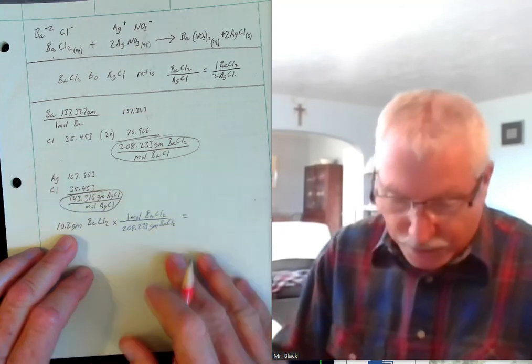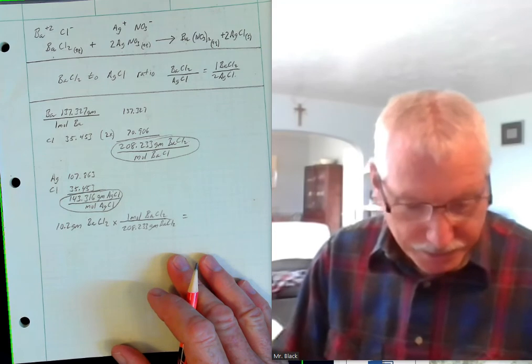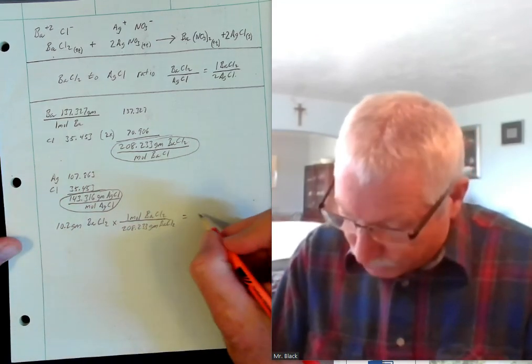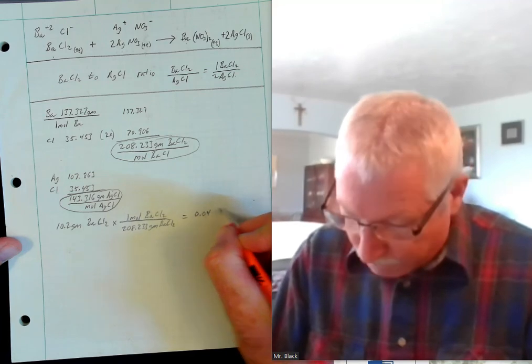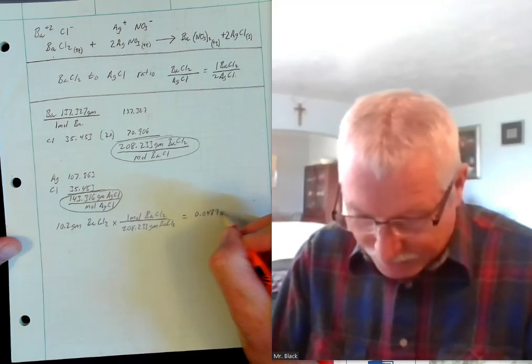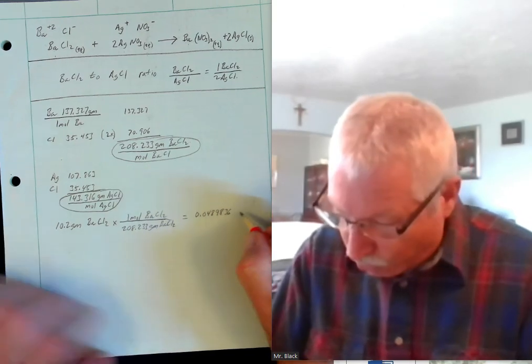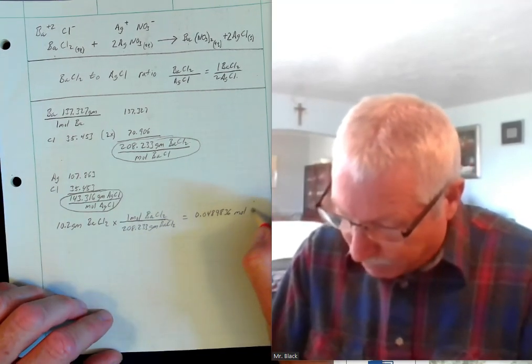When I do this calculation, I get an answer of 0.0489836 moles of barium chloride.